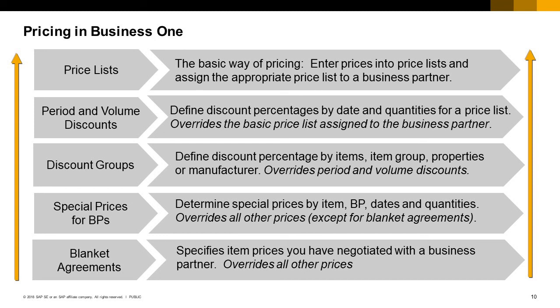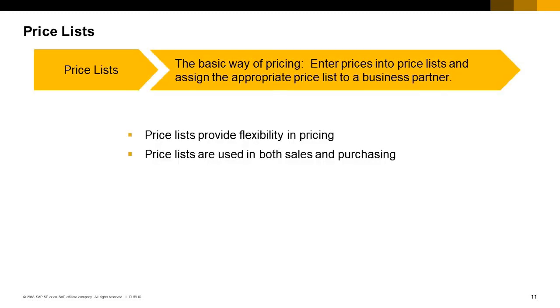If no special price exists for that business partner, it looks for discount groups. If no discount group applies, it looks for period and volume discounts. If no period and volume discount, it uses the price list assigned to the business partner to find the price. As of the 9.0 release, the system also looks at pricing associated with the unit of measure used on the row.